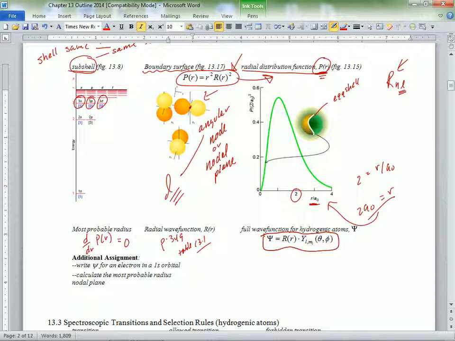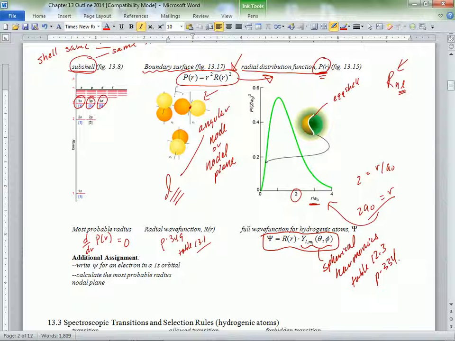R of r, and then we've seen this part before. I don't know if you remember the name, spherical harmonics. That's way back on Table 12.3, page 334, and we did a few of those back in chapter 12.